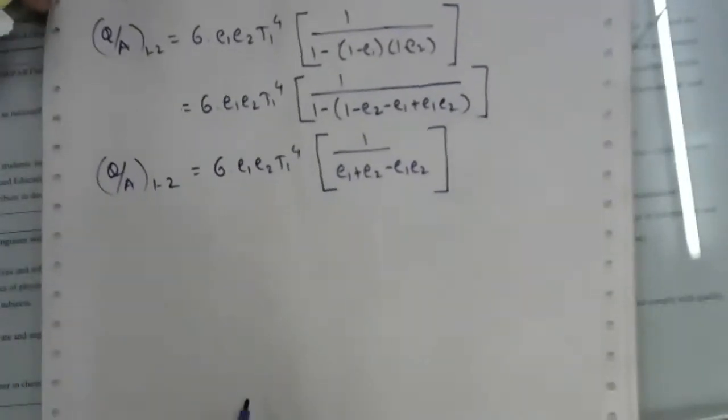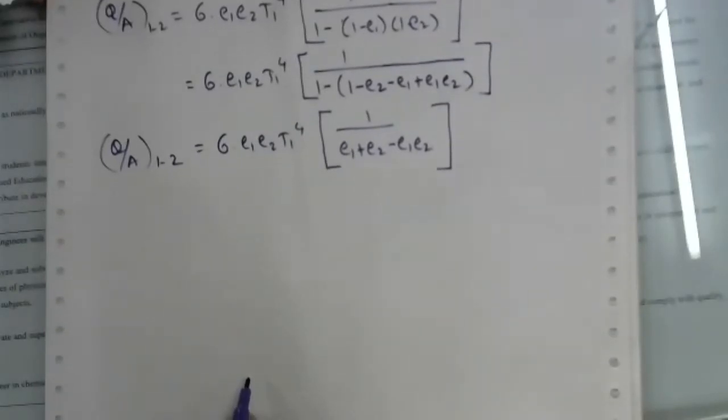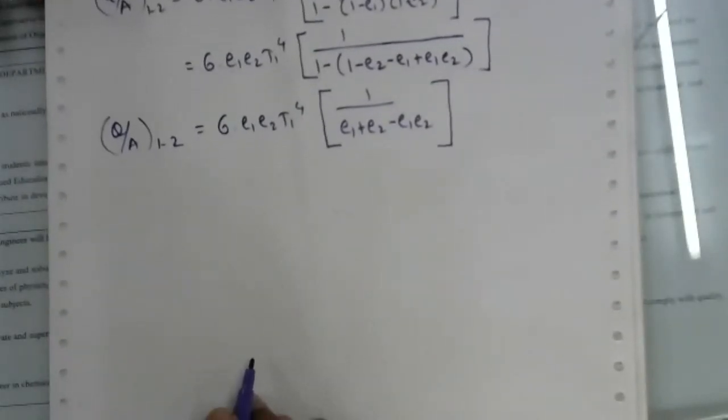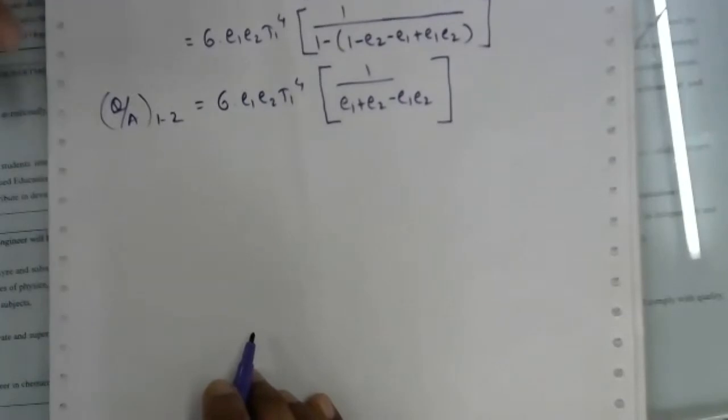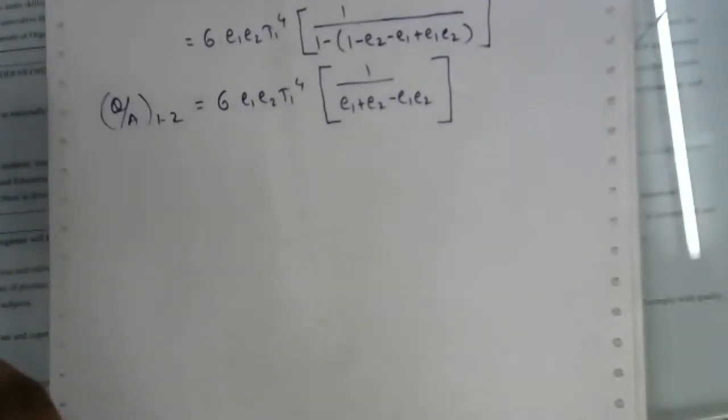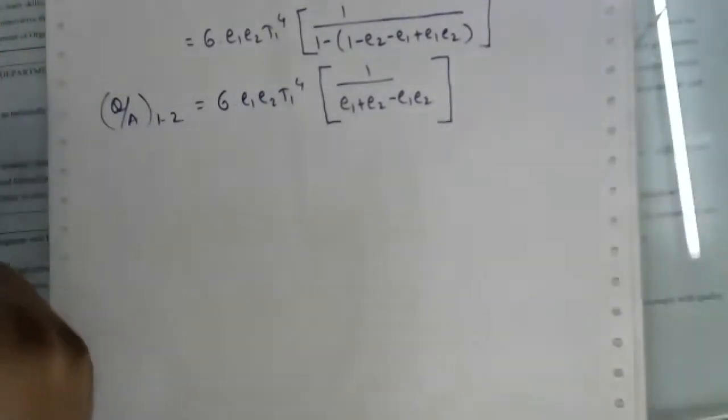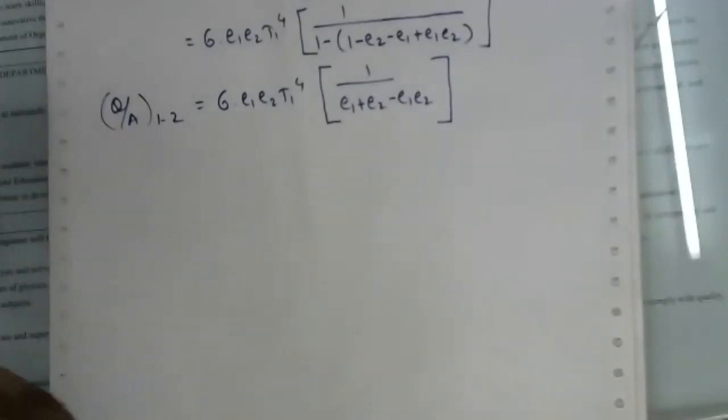So this is one of the equations, that is the total transfer of energy from surface 1 to surface 2. Now in a similar way, we can write the equation for surface 2 to surface 1.